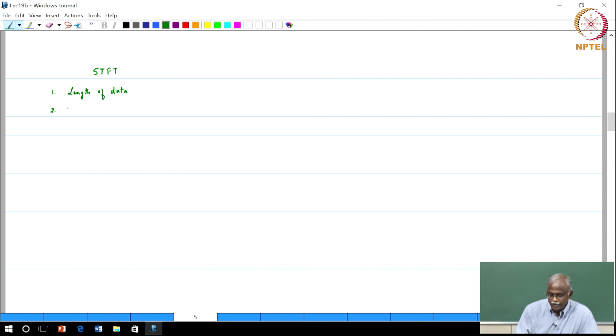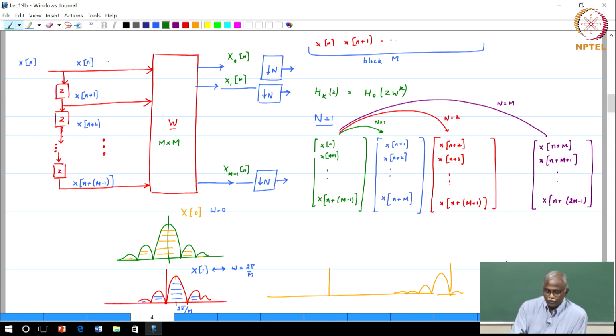The second one would be the window type, because always they prefer to window the data before you compute the short time Fourier transform. So, to answer your question, what you would have to do is determine the size of the data set, which means that the m dimension has to get fixed, and then you have to apply the windowing function, the constants, and then you take the FFT.